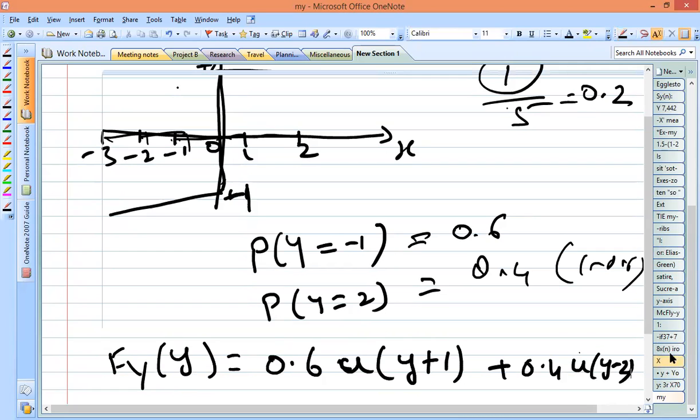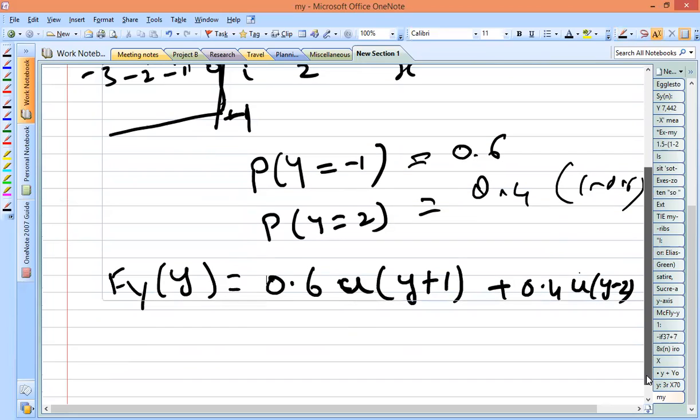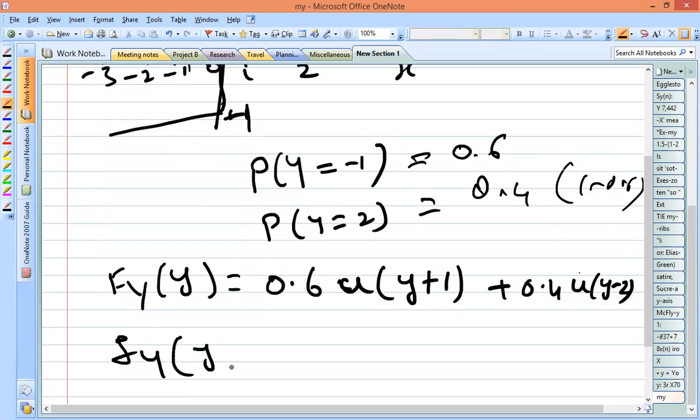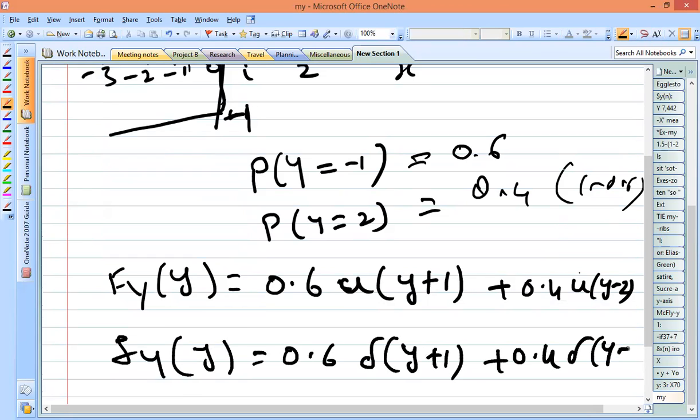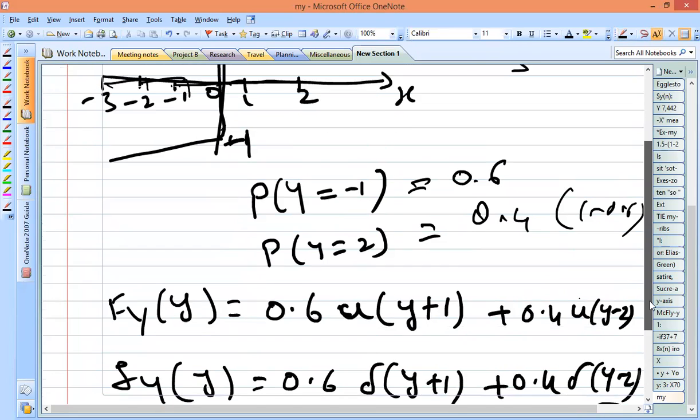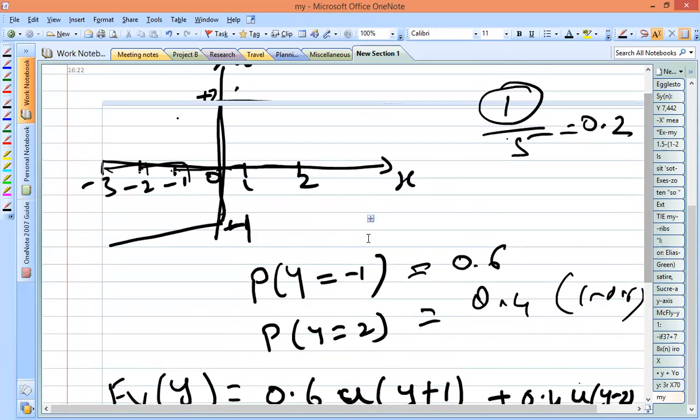This is the equation for Fy of y, that is the CDF. Similarly for the PDF, we can simply write 0.6 delta of y plus 1 plus 0.4 delta of y minus 2. This is simple. Only the thing is you need to understand the diagram and write the probabilities of y equal to minus 1 and y equal to 2.